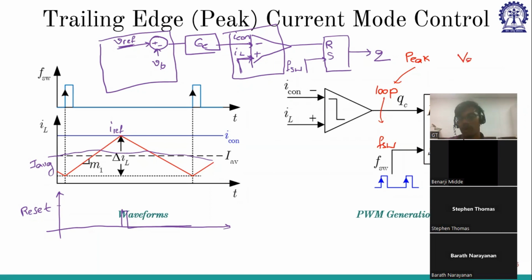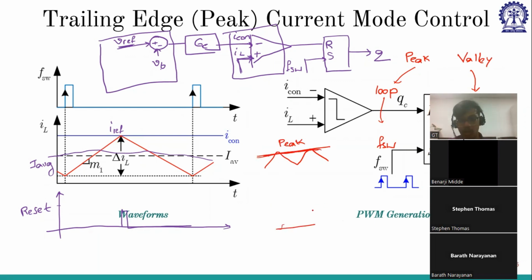For valley current mode control, which I will be discussing in the next slide, it will be different. Reset pulse will be FSW and set pulse will be coming from loop. And here the peak of the inductor current is hitting I reference. So the waveform is like this, where this is for the peak current mode control, because we are controlling the peak. Peak is coming from the loop.